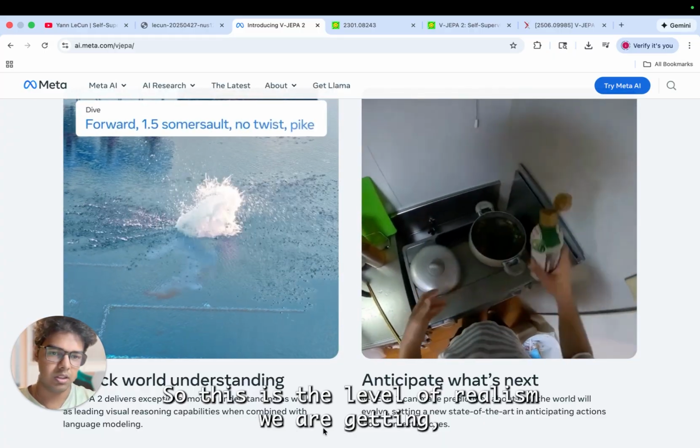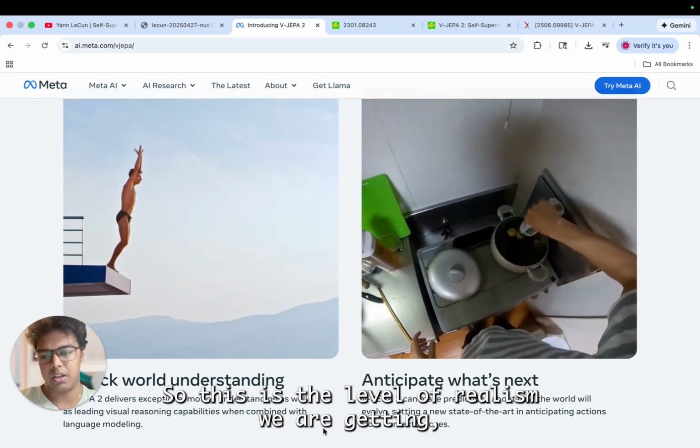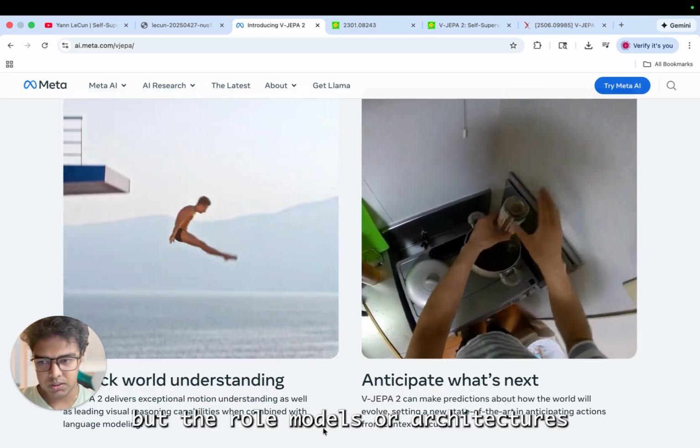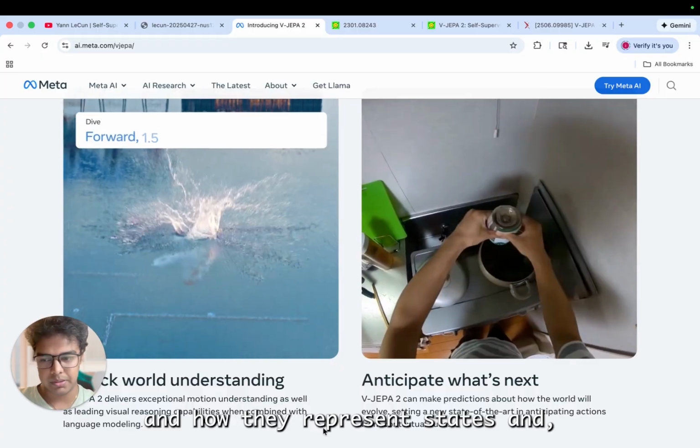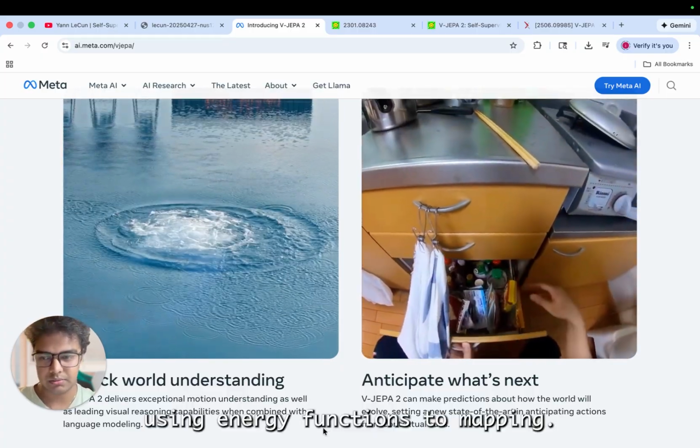So this is the level of realism we are getting with the world models or JEPA architectures and how they represent states and use energy functions to map them.